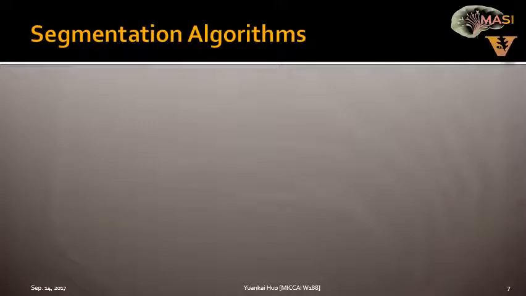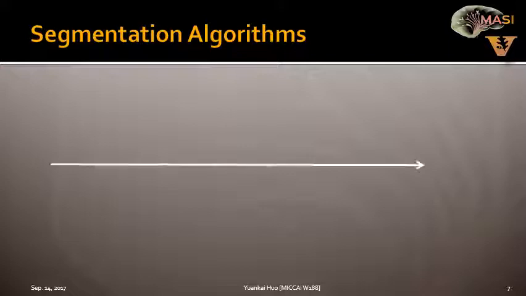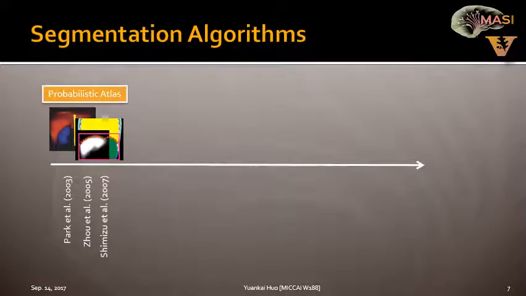Before I introduce our segmentation algorithm, I want to briefly recall the development of medical image segmentation on the human abdomen. Basically, in the early 2000s, people started to use the probabilistic atlas method to do the segmentation.